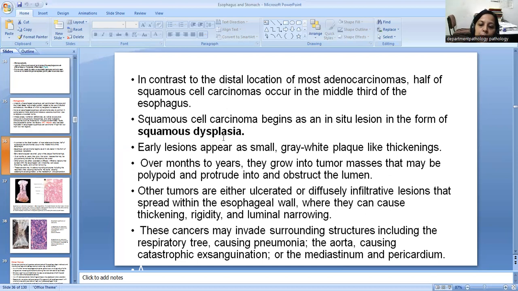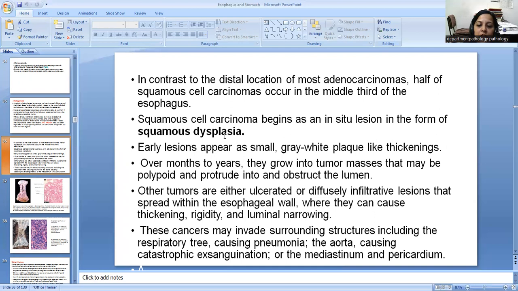Squamous cell carcinoma begins as an in situ lesion in the form of a squamous dysplasia. Early lesions appear as small gray-white plaque-like thickenings. Over months to years, they grow into tumor masses that may be polypoid or protrude into and obstruct the lumen.